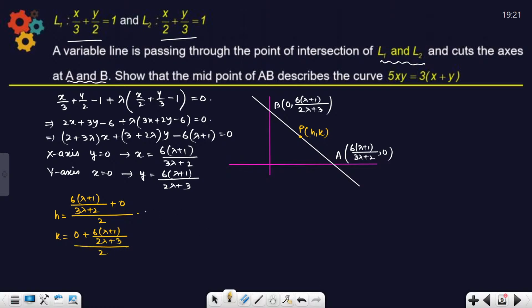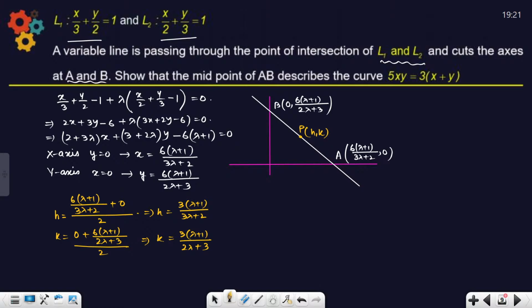Okay, so from here we are getting H as, and from here we are getting K as, that's it. So we got H and K.